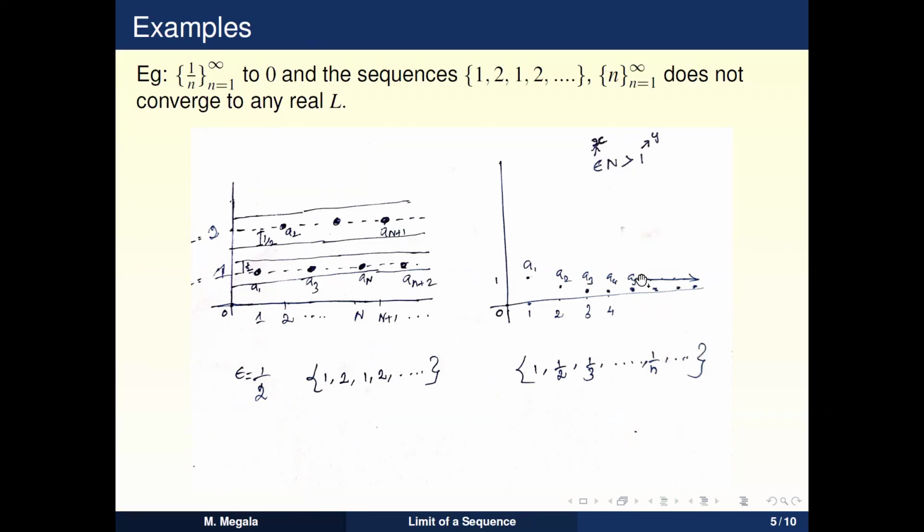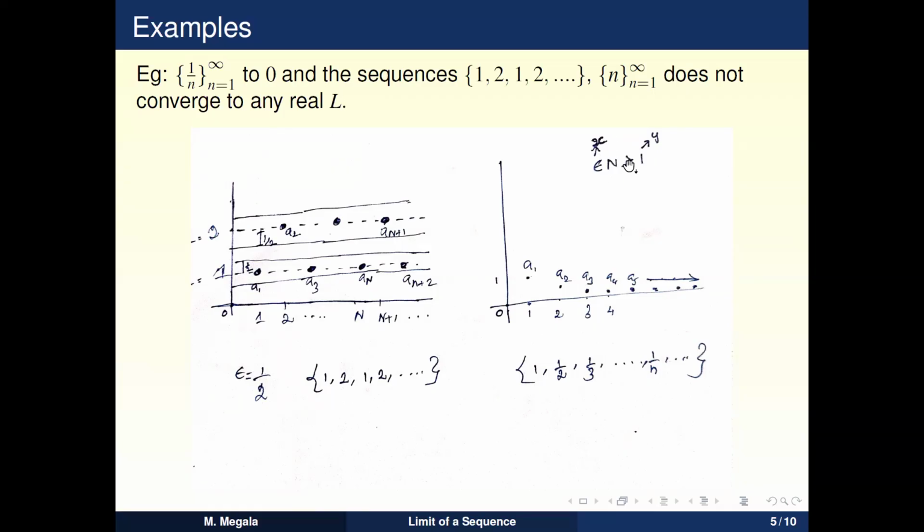See, we know the Archimedean property, which says that for any positive real x and any real number y, there is some natural number n such that x n is greater than y. From that, I choose y as 1, and epsilon, which is positive, as x.